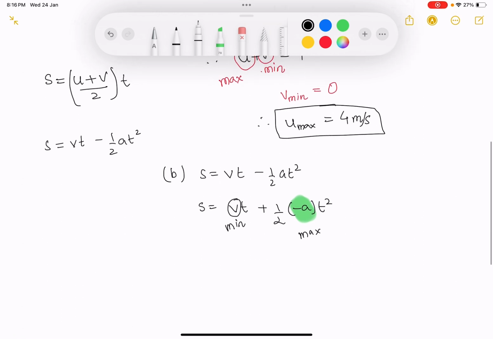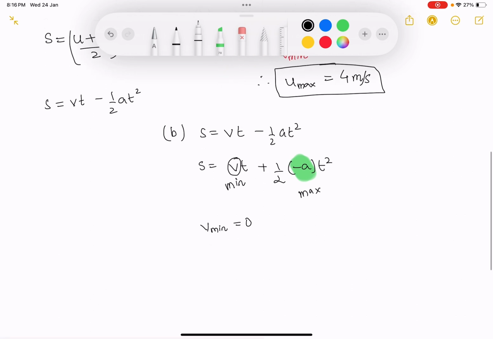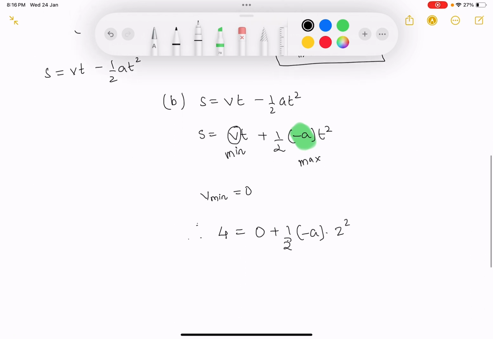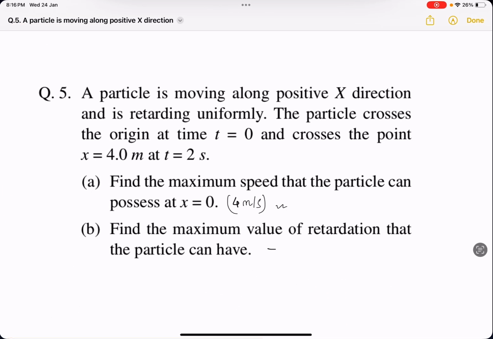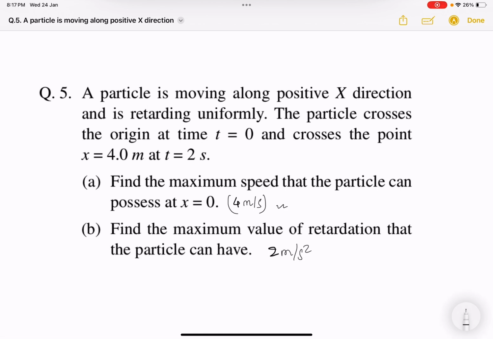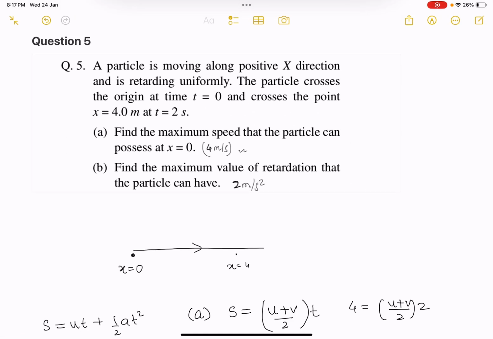Since the minimum possible value of final velocity is 0, I can write down, therefore 4 equals 0 plus half into minus a times 2 square. That gives you the maximum possible value of retardation as 2 meters per second square. So answer of question B will be 2 meters per second square. I hope that makes sense.